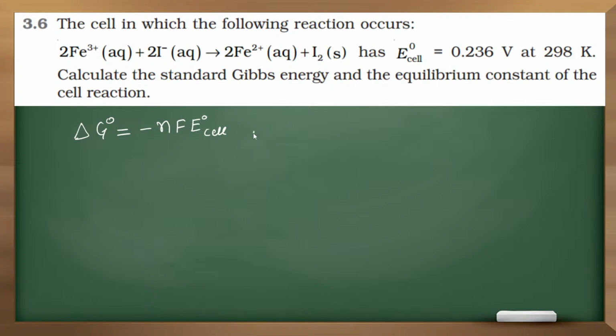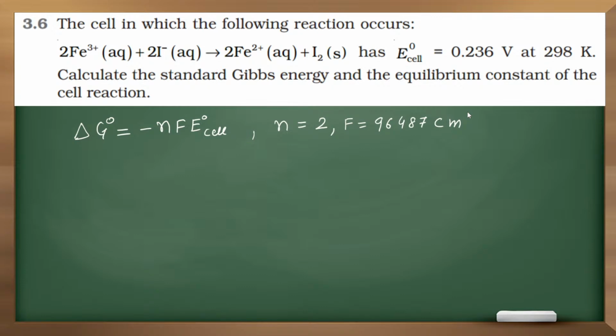So in this particular reaction, the value of n is 2, the value of F is 96500, but as in NCERT it is given as 96487. So you can write it as 96487 coulomb per mole.